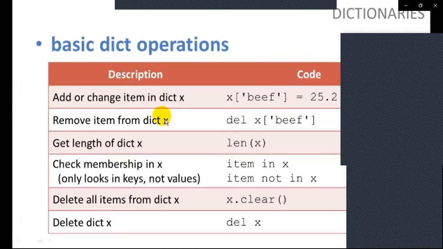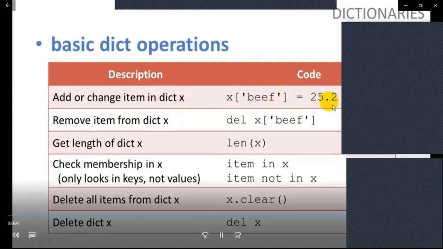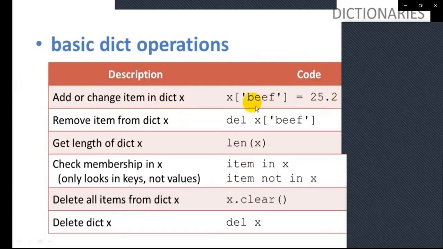So, some basic dictionary operations. You can add or change an item in dictionary x by saying x[key] is equal to value. If this key already exists in the dictionary, then it will change the value to this. If the key doesn't exist in the dictionary, it will add this key value pair to the dictionary. Remove an item from dictionary x: del x[key].